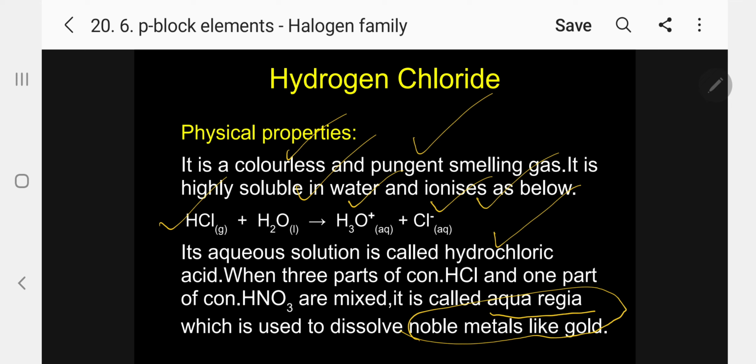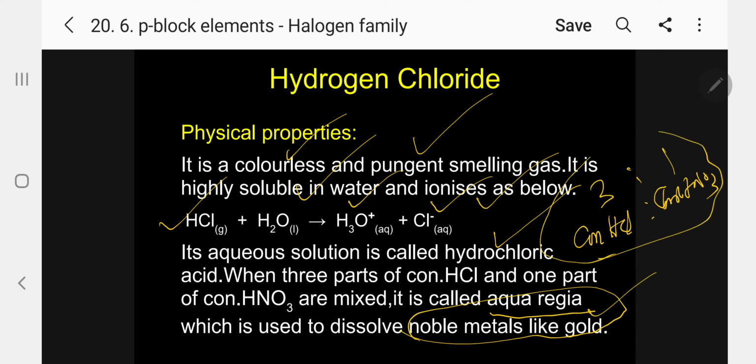I told you aqua regia is nothing but 3 parts of concentrated HCl plus 1 part of concentrated nitric acid. Kindly follow, 3:1 ratio. This mixture is called aqua regia. It's a powerful solvent. It will dissolve even gold.